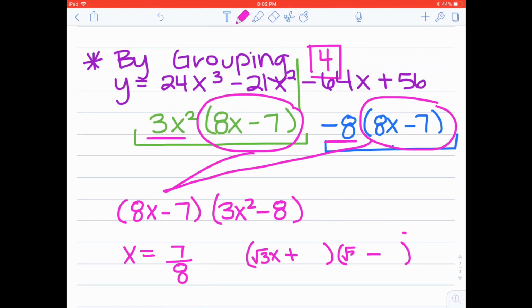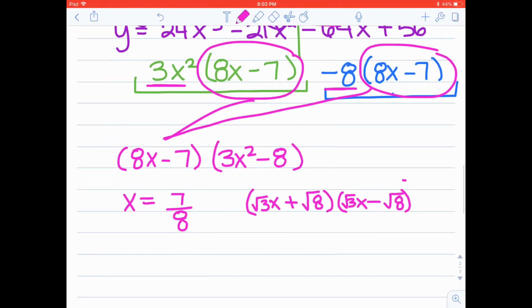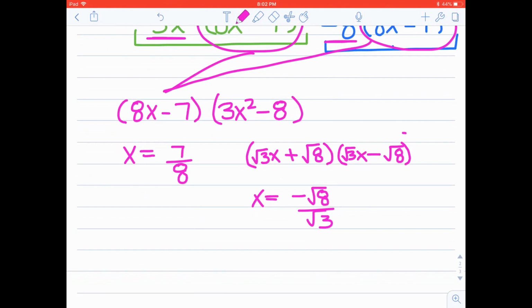The square root of 8 is just the square root of 8. Okay? So now I'm going to go ahead and solve those. I get x equals the negative square root of 8 divided by square root of 3, and x equals positive square root of 8 divided by positive square root of 3.